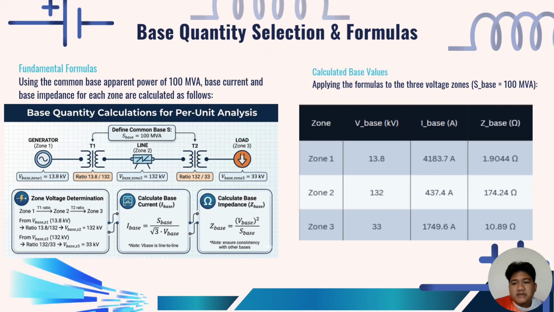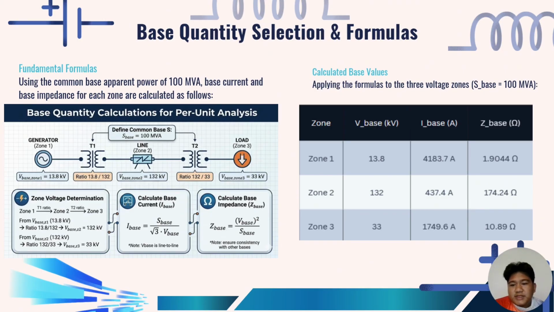Reviewing the results, the table on the right side summarizes them. Zone 1 operates at 13.8 kV, resulting in a base current of 4183.7 ampere and a base impedance of 1.9044 ohm. Zone 2 operates at 132 kV, resulting in a base current of 437.4 ampere and a base impedance of 174.24 ohm.